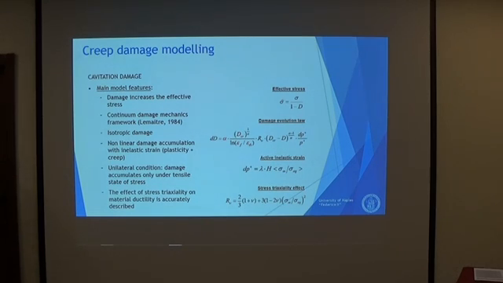It's an isotropic damage. Here you can see the kinetic damage law, which is a linear damage equation. We use damage that accumulates only under a tensile state of stress. And finally, we take into account the effect of the stress triaxiality by the function Rho.